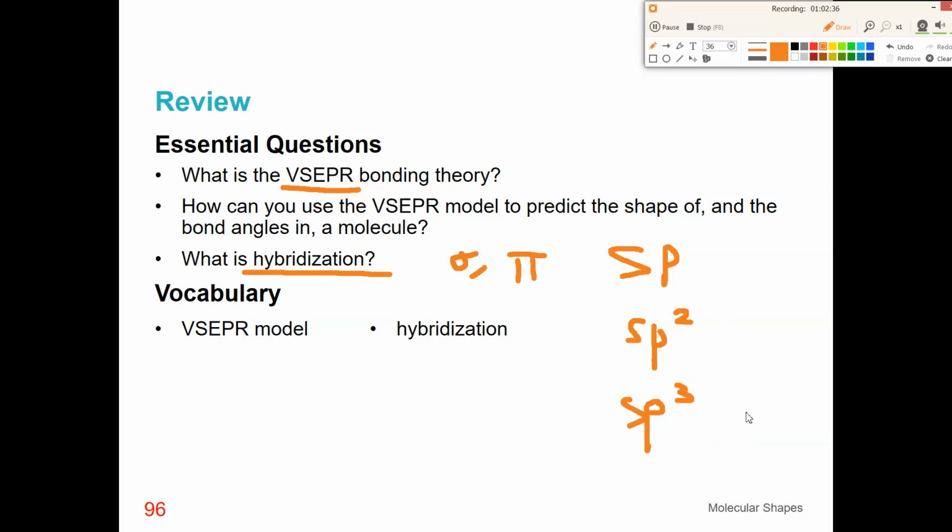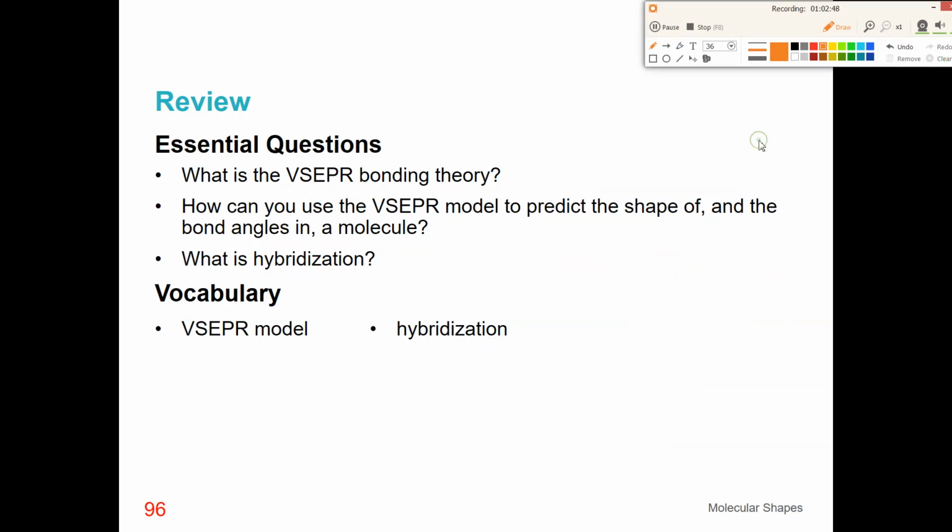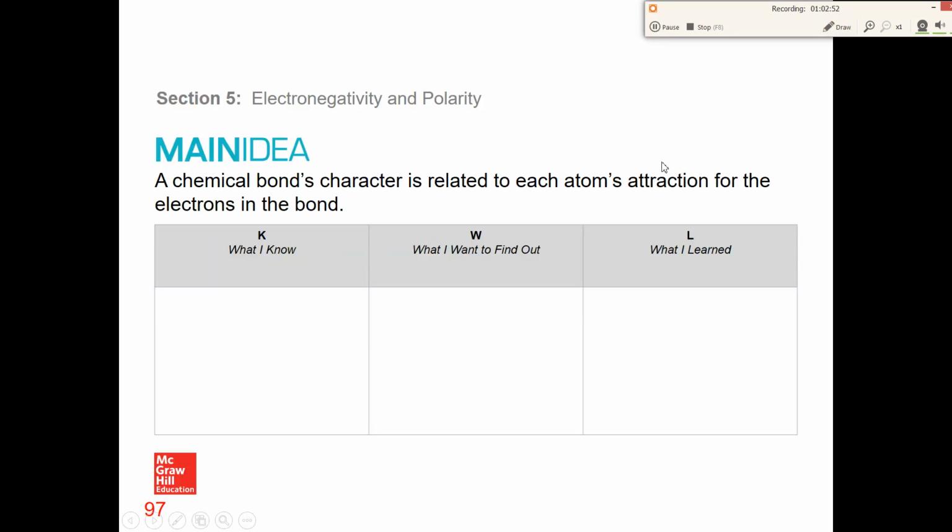So sp3 is 4 orbitals, basically 4 sigma bonds. Here is 1 plus 2, 3 sigma bonds. This one has 2 sigma bonds. Right, that's all for section 4.